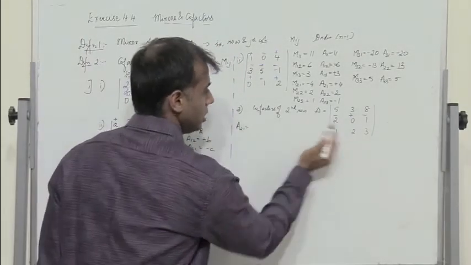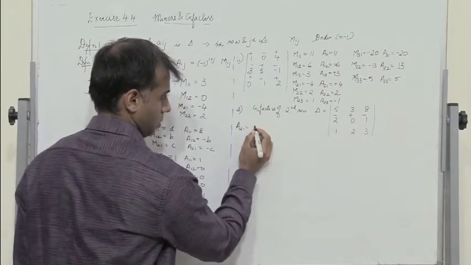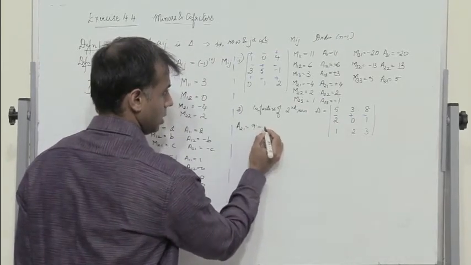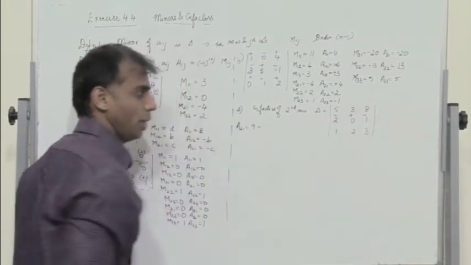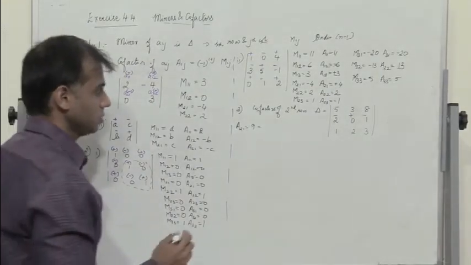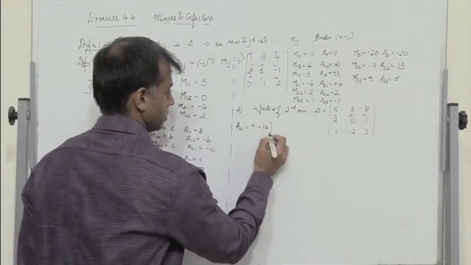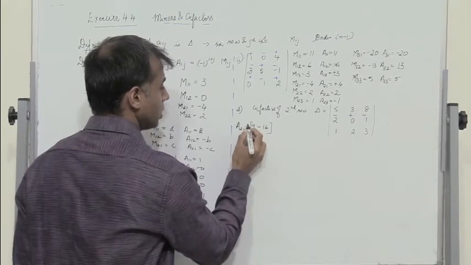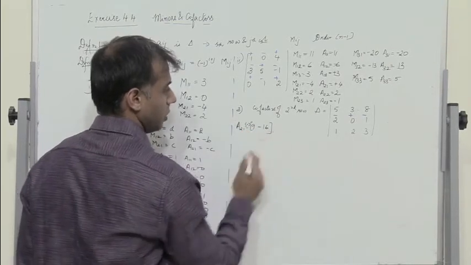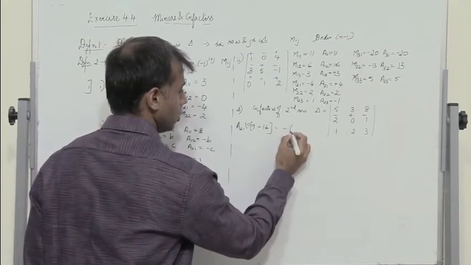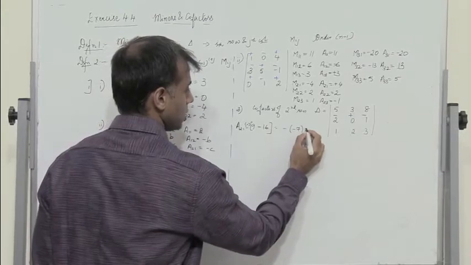So it's going to be 3 into 3, which is 9, minus 2 into 8, which is 16. Of course with a minus sign, because I have a minus sign here. So it is minus of minus 7, which gives me plus 7.